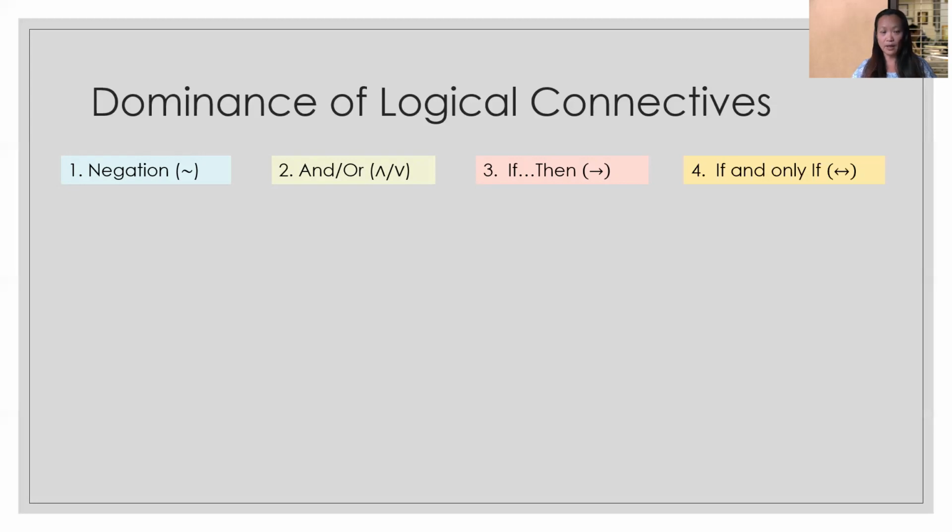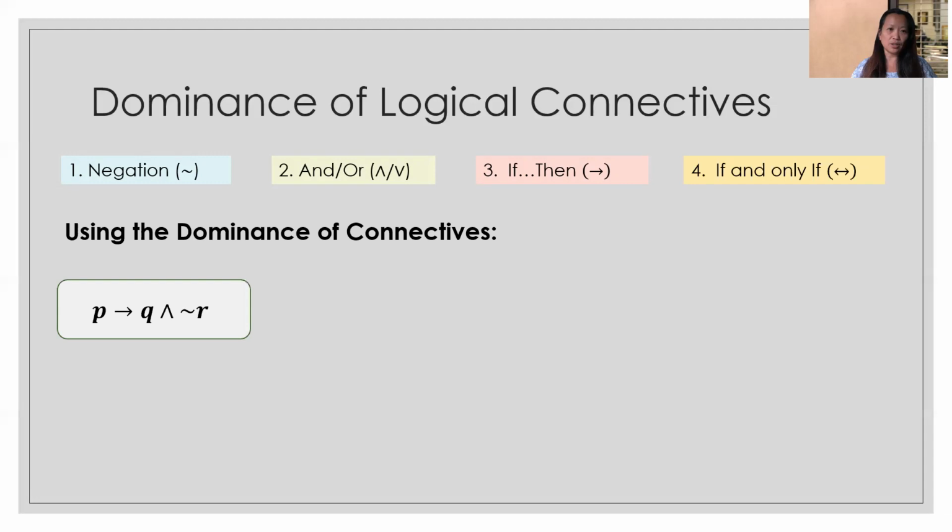Okay, now what does that mean? How do we use these orders? For example, if you have that logic statement, that is a compound statement, right? And you see if then, you see and you see negation. So the first order applies.